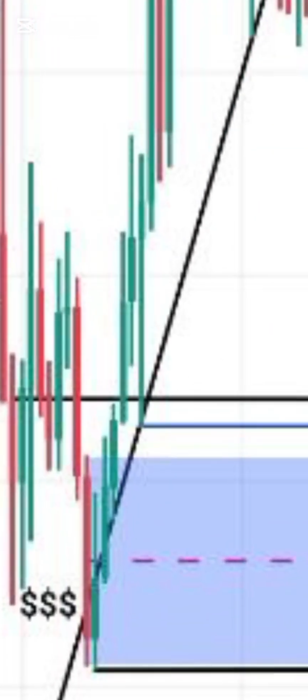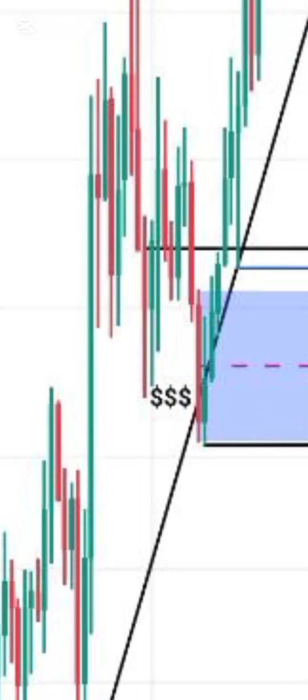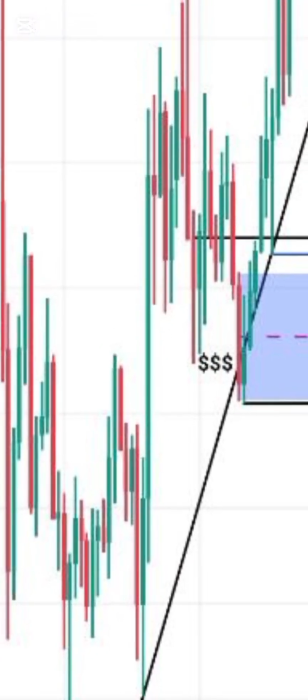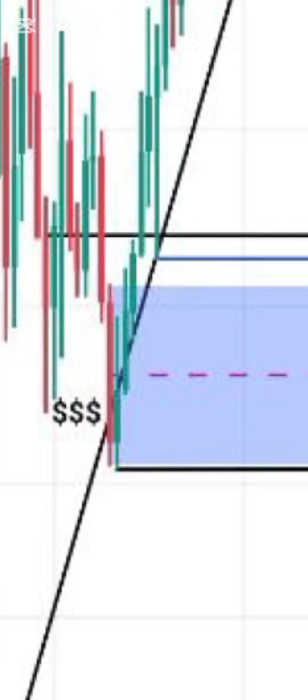But I was wrong. There's something I learned about BTC. BTC normally uses the OB that created the MSS to push price, and this was what actually happened here. This was the OB that created the MSS, this very one, and it's a valid OB. This OB is even more valid than this very one. The reason is, look at this OB.